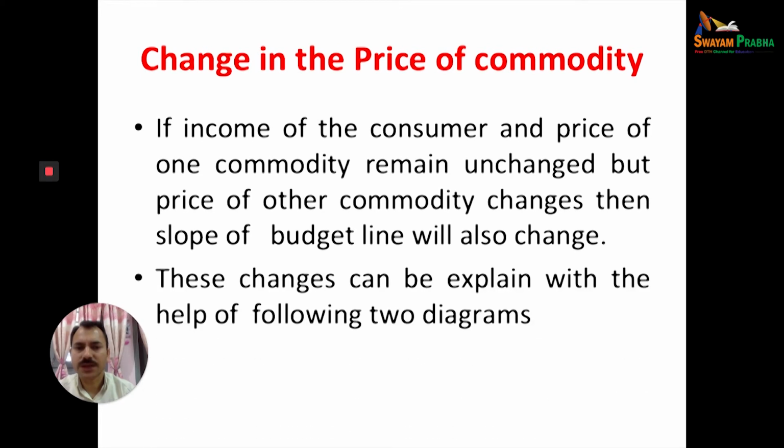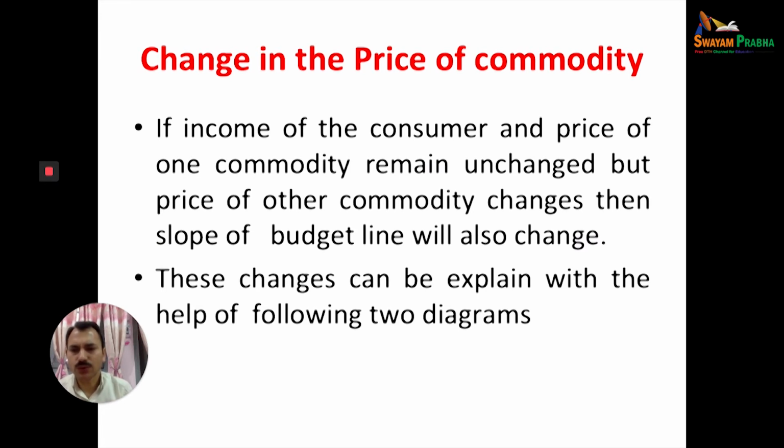The change can be explained with the help of the following diagram. If the price of one commodity... for example, we have two commodities. A is a consumable product, maybe food items, and B is the non-food item.